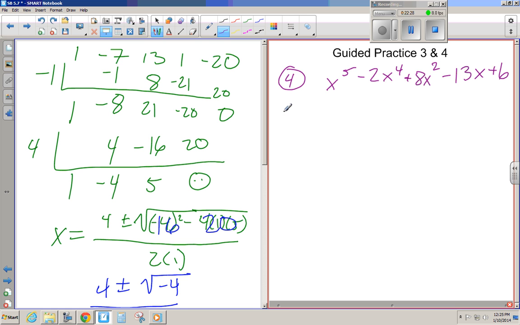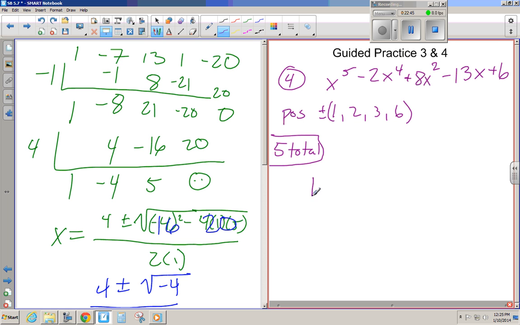So all the possible zeros, well, first off, there are 5 total. Possible zeros are plus or minus 1, 2, 3, 6.